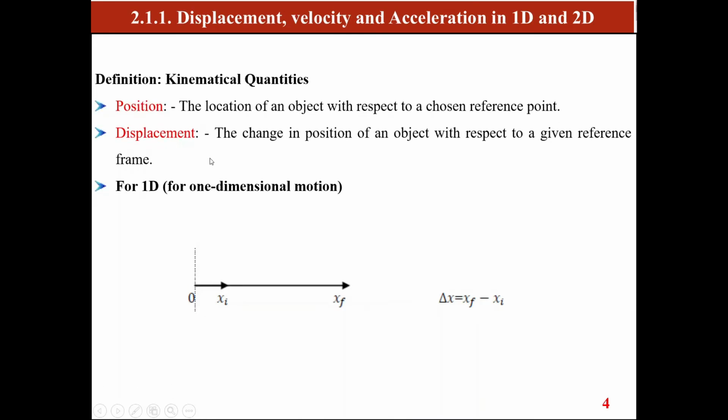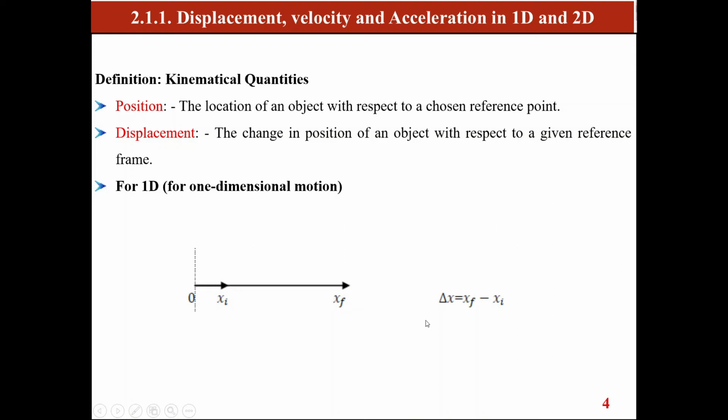Okay, now let's look at 2.1.1. Sorry, displacement, velocity, acceleration in 1D and 2D. So, definitions of kinematical quantities. The first one is position. The location of an object with respect to its chosen reference point is called the position. So this x initial is the initial position, and this x final is the final position.